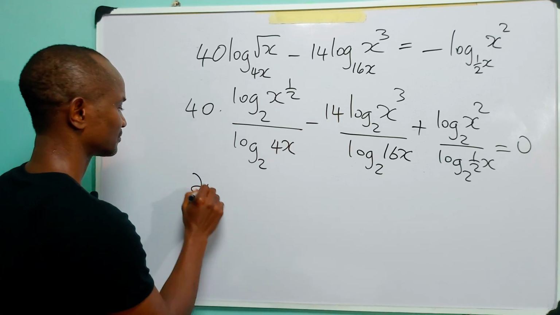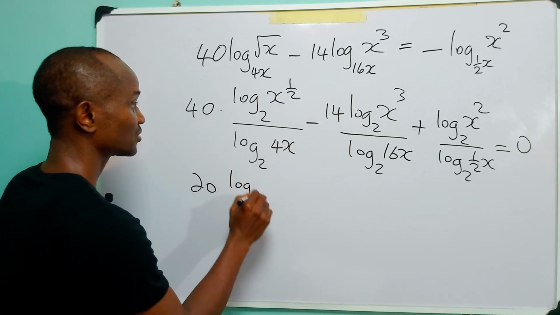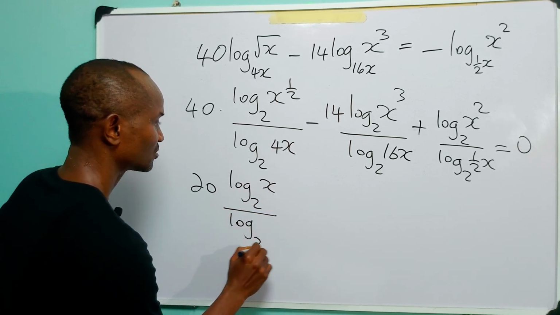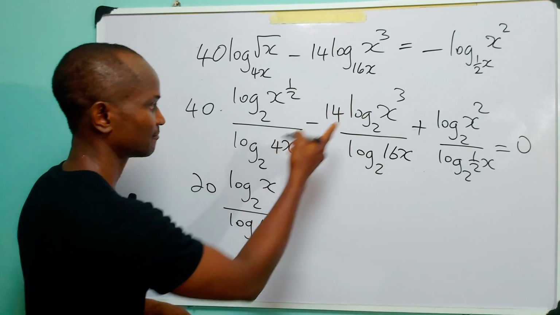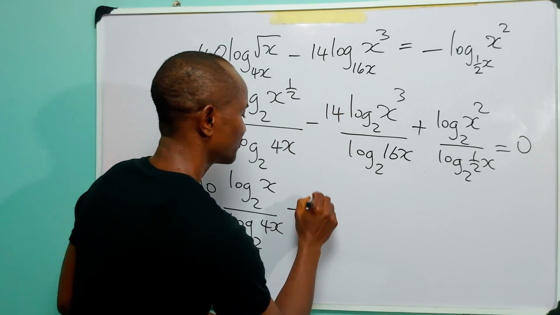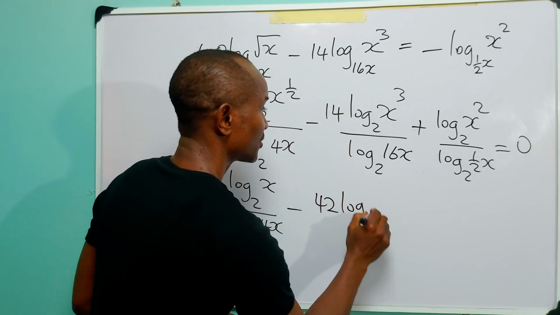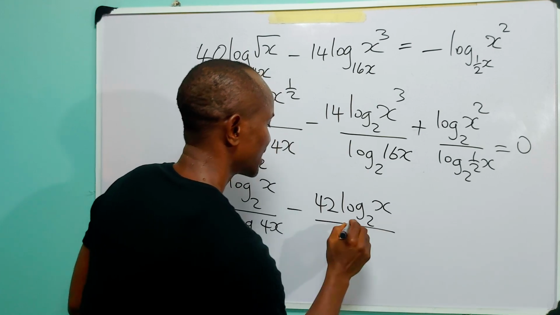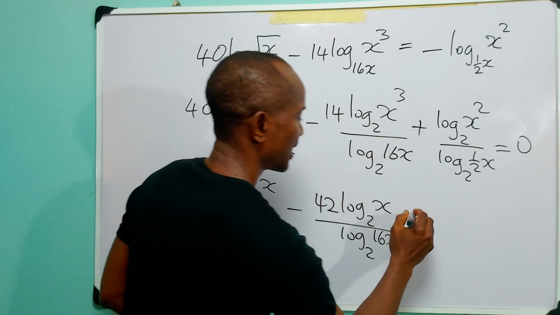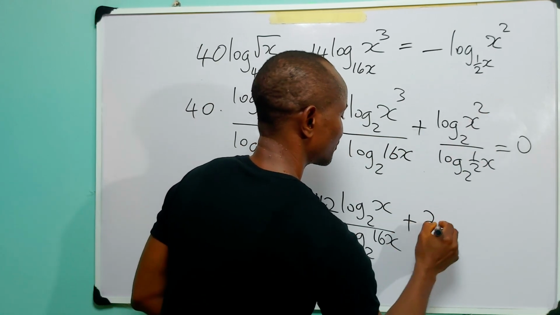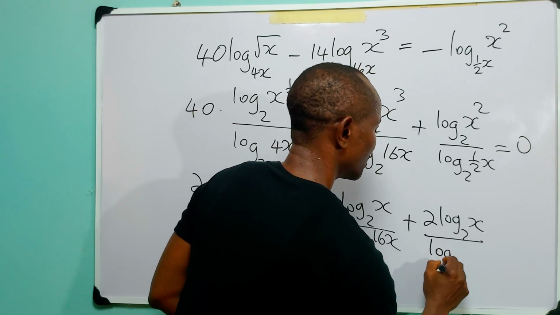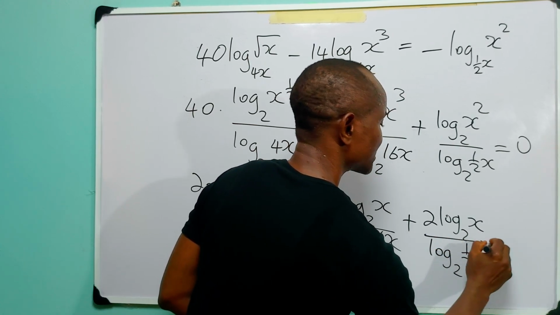So we have 20 times log to base 2 of x divided by log to base 2 of 4x, minus 3 times 14 is 42. So we have 42 times log to base 2 of x divided by log to base 2 of 16x, plus 2 times log to base 2 of x divided by log to base 2 of half x, and everything is equal to 0.